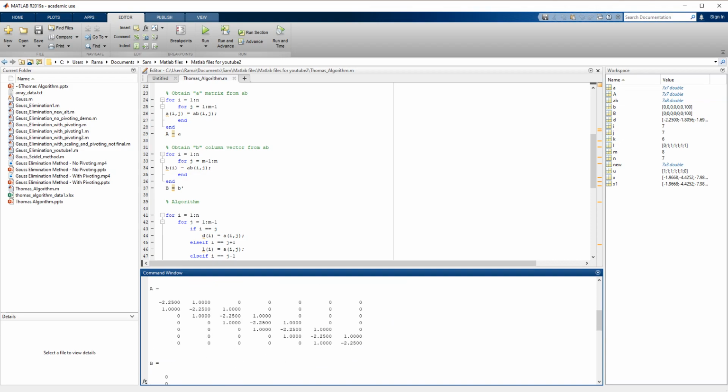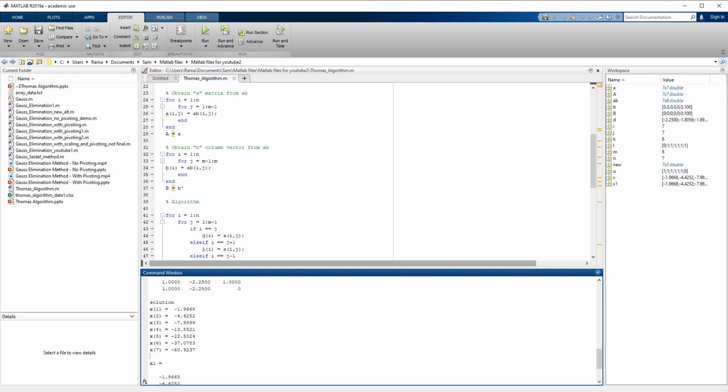This is the A matrix, which is in tridiagonal form, and B represents the column vector here, and we rearrange the A matrix in this form so it can be solved easily and efficiently, and the solution is obtained when we utilize the algorithm presented in the PowerPoint.